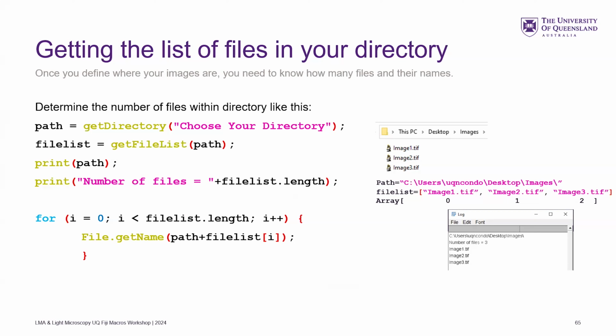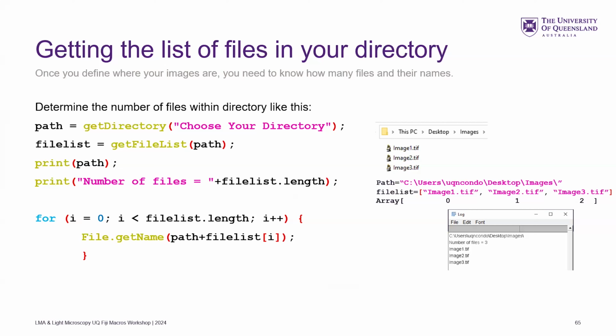It creates an array, which you learned about last week, that lists everything in there. So this would be array value 0, 1. Then you can say the number of files is file list dot length, which tells you how many elements are in that array.